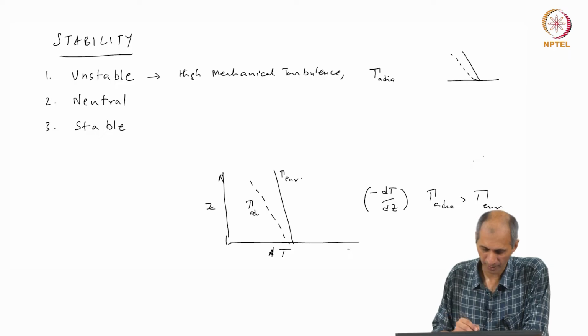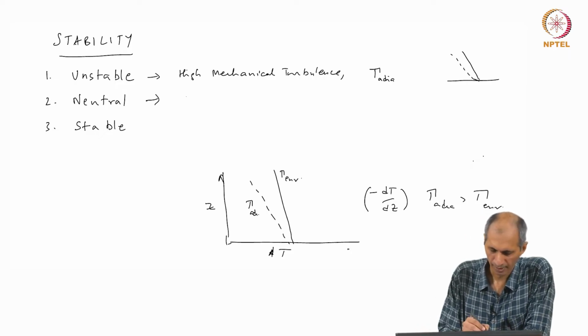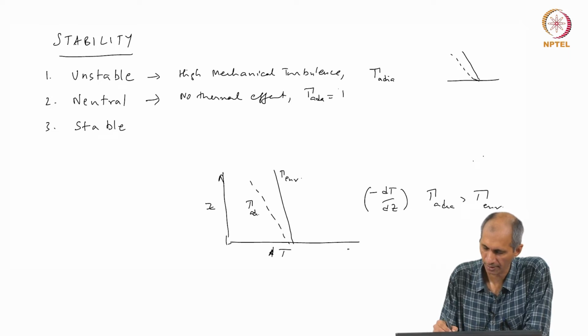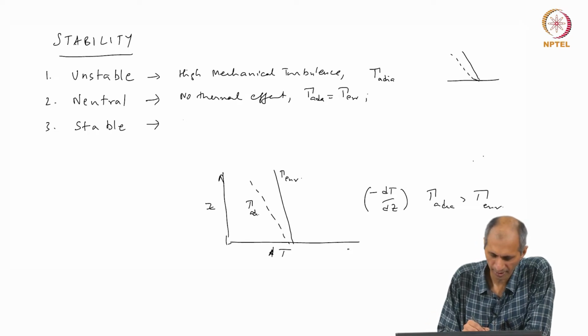So in the other case where we have neutral conditions, here no thermal effect. Which means essentially it is T adiabatic is the same as environmental. So it is purely dependent upon the mechanical turbulence that is there. So just velocity. Stable conditions, we have inversion.